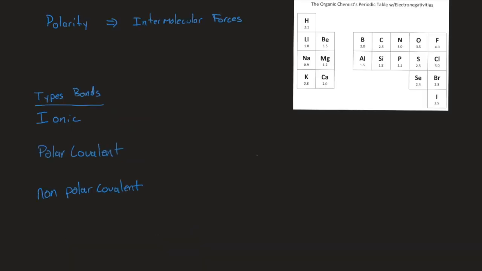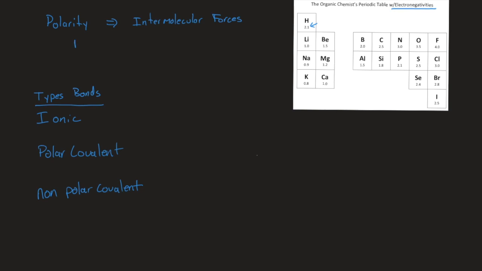To determine what type of bond is formed, we're going to use electronegativities. And here we have the organic chemist's periodic table, which is very much abbreviated with the electronegativity values of each element listed below.